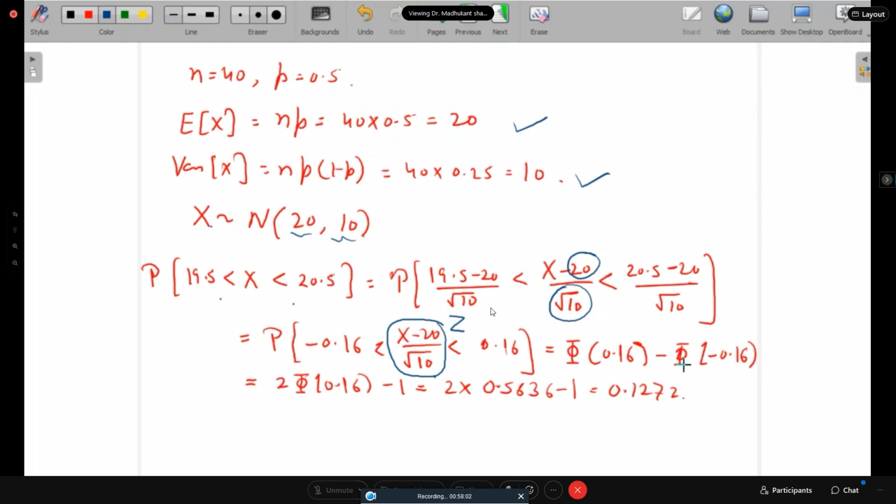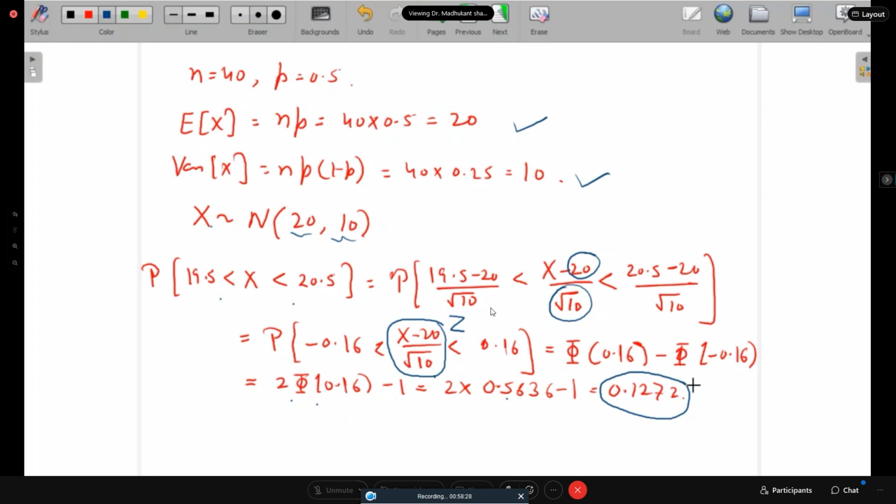Now you use the fact that phi of minus z is 1 minus phi of z, and you will find 2 times phi of 0.16 minus 1. The phi value at 0.16 from the normal table is 0.5636, and you substitute it and you see that the value is 0.127.